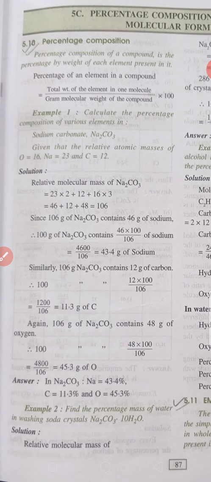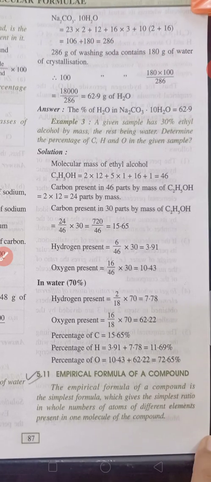We calculate the relative molecular mass, but we only calculate the percentage of sodium. That will come out to be 43.4 percent of sodium in 100 parts of sodium carbonate, and we don't calculate the percentage of other elements if it is not asked in the paper.